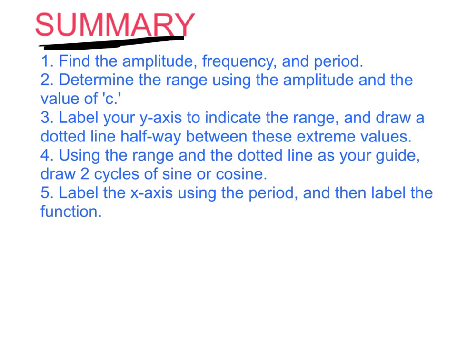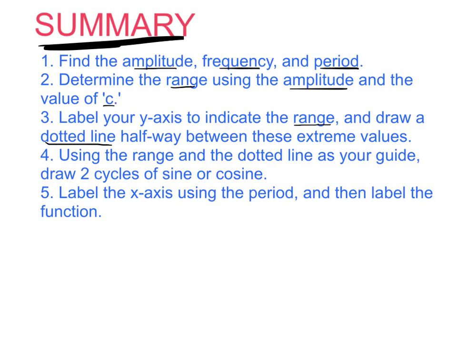And here is our summary. You're going to start off the same exact way you did previously by finding your amplitude, frequency, and period. You're going to find the range based on the given amplitude and the value of C. You're going to start by labeling your y-axis to indicate the range, your highest value and your lowest value, and I highly recommend drawing a dotted line halfway in between those values to use as a guide.